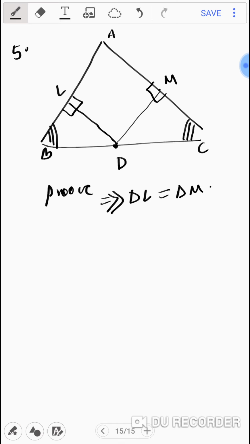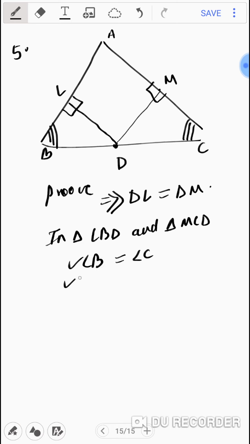Yes, my dear kids. For that, what will you do? You have to take small triangles. Which triangles? In triangle LBD and triangle MCD, your first reason will be angle B is equal to angle C. Your second reason will be angle BLD is equal to angle CMD.